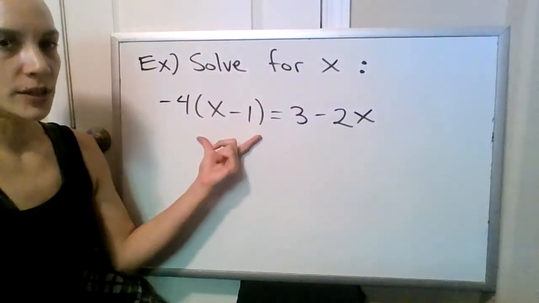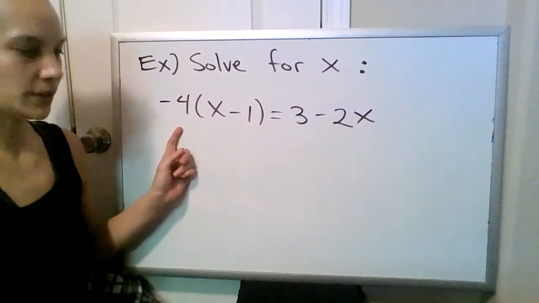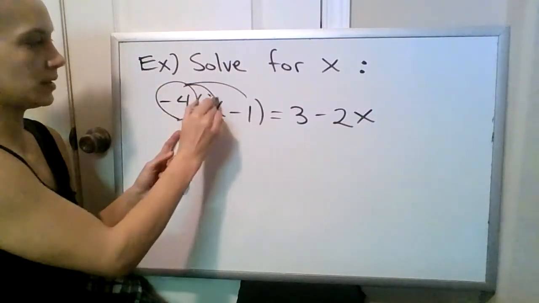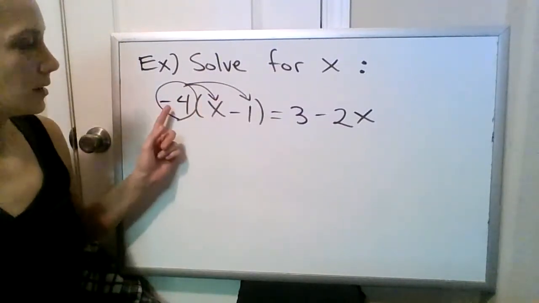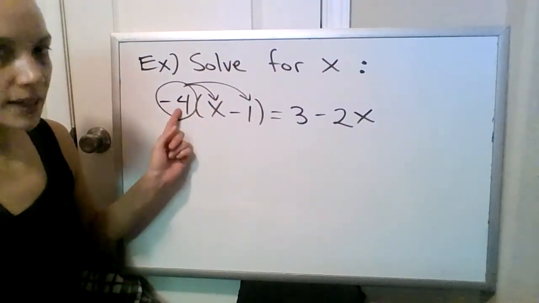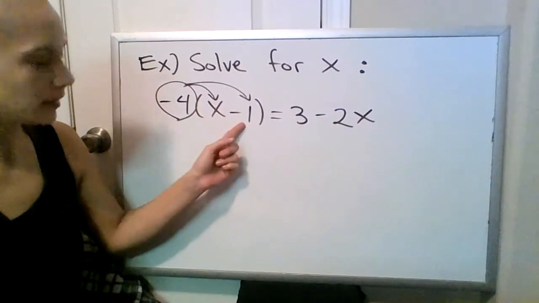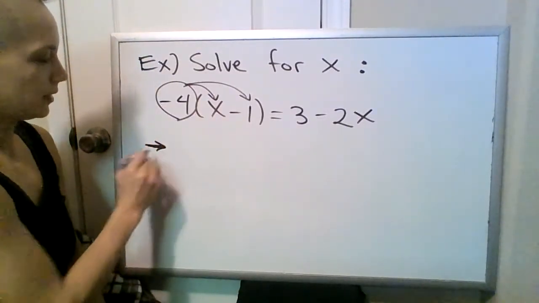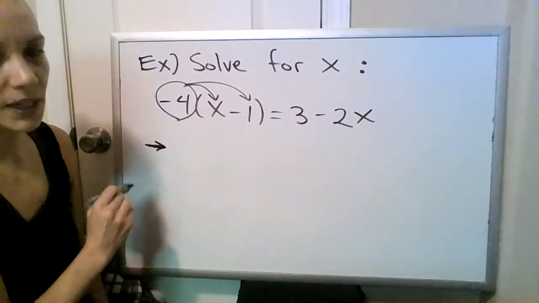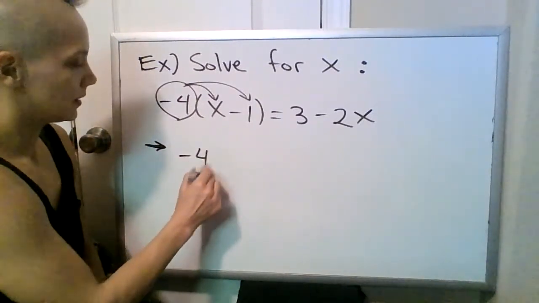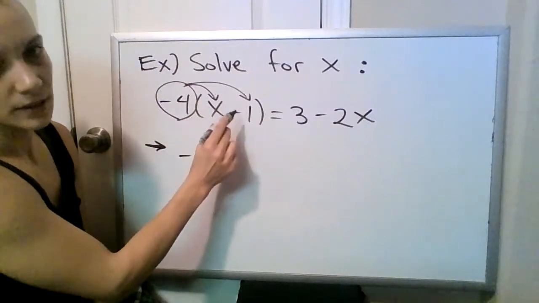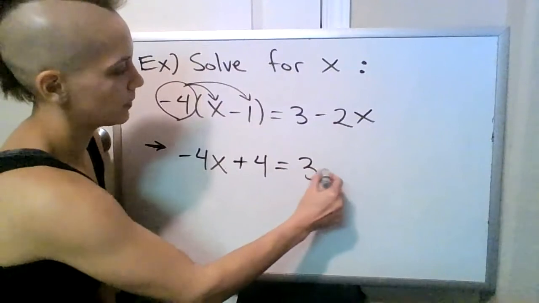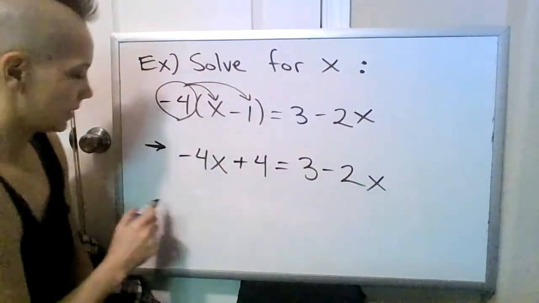We've got parentheses, so I do want to distribute. I'm doing that first step. Take -4 and distribute it to both of these terms here and here. So -4 times x, -4 times -1. Let's do arrows. Then -4x plus 4 is equal to 3 minus 2x.